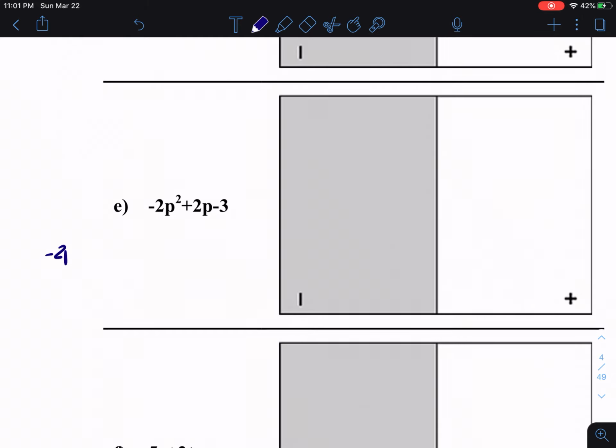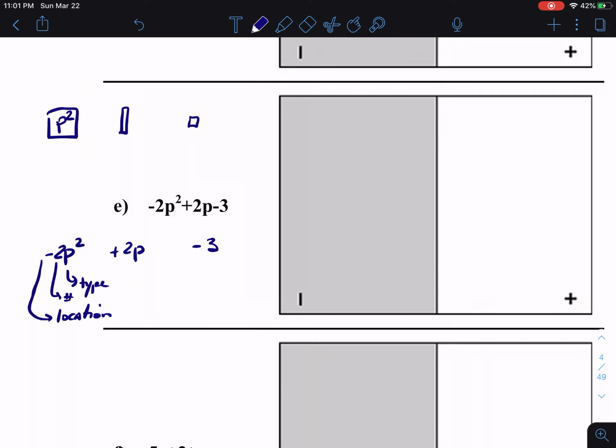So we have a negative 2p squared plus 2p and a minus 3. So this is the type, this is the number, and this is the location. So we need two p squareds on the negative side. Now p squareds would look like squares. So we can say that that's going to be our p squared. If that's our p squared, then a rod of that same length is going to be our p.